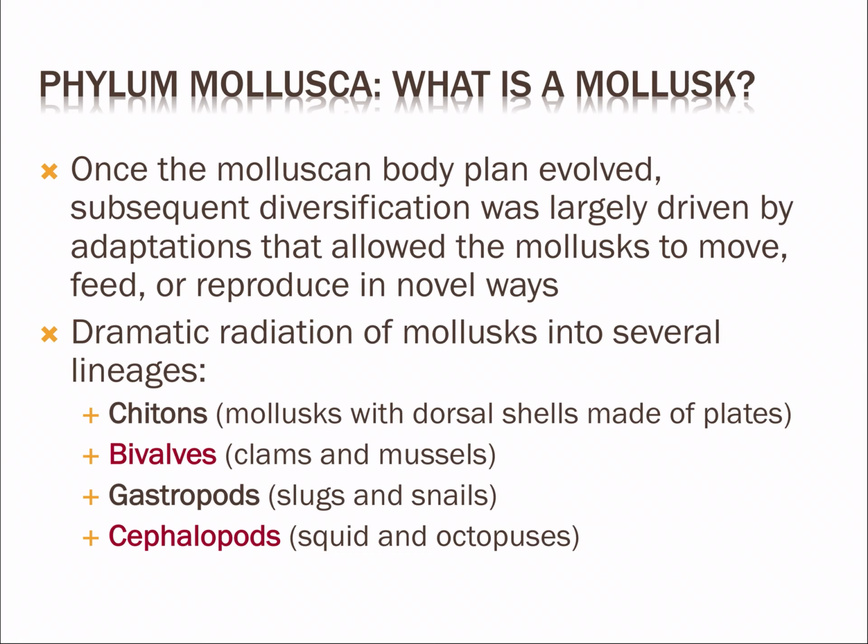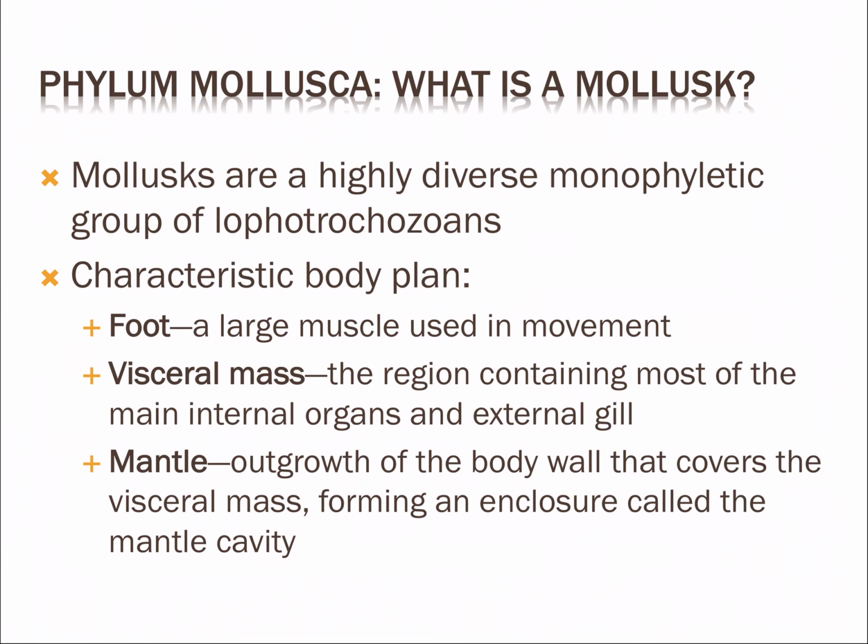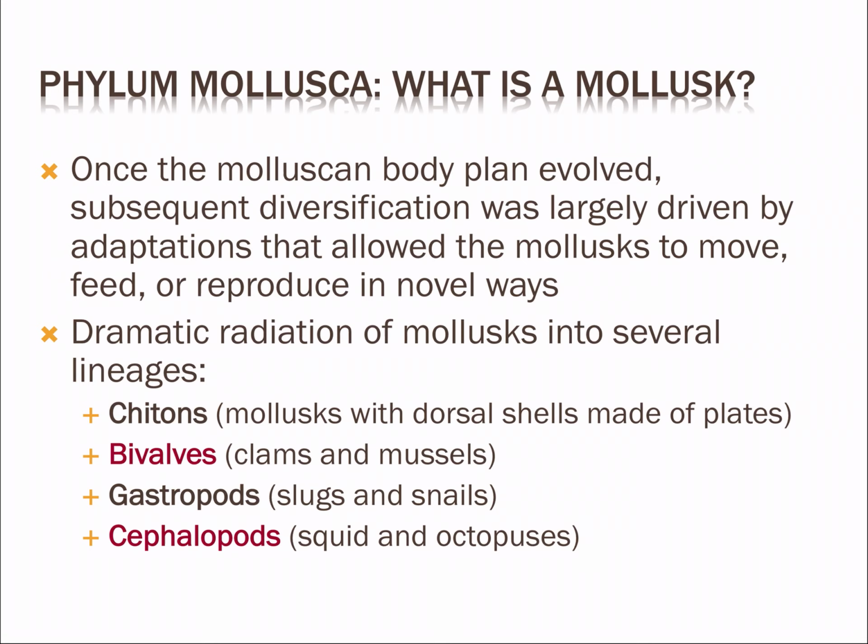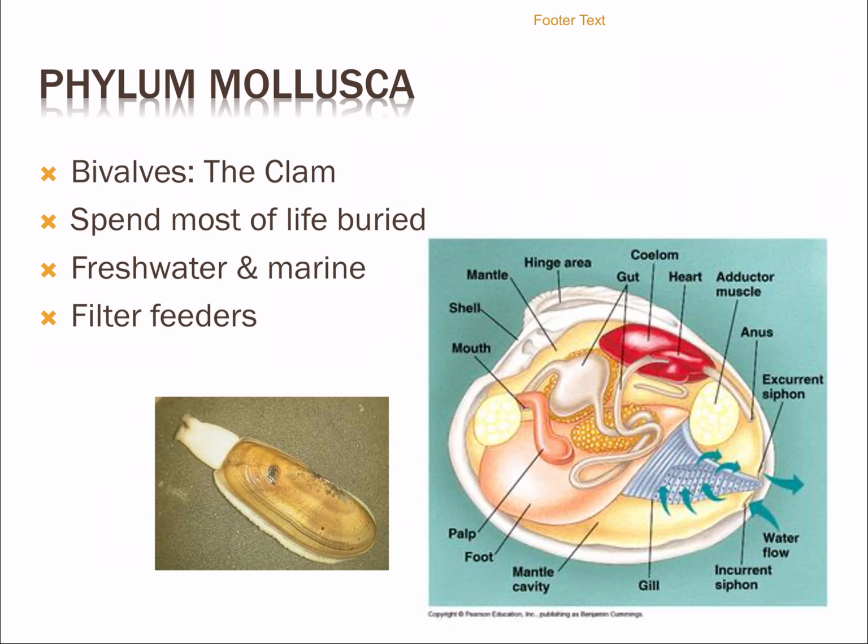Gastropods, your slugs and your snails, and then your cephalopods, your squid and your octopi. They all fall under the phylum Mollusca and, based on their environment and the needs of the different individuals, have evolved vastly different adaptations to these three characteristic body plans, but retain some of the characteristics that make them mollusks. So let's look at the bivalves first, the clams.